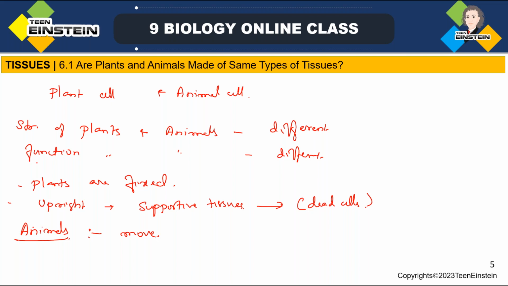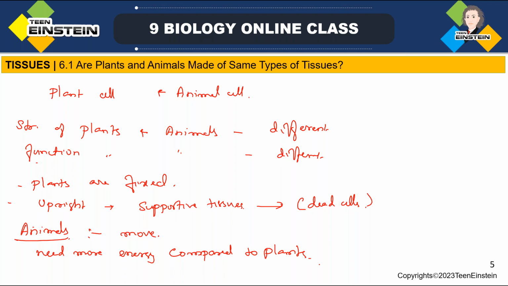So they have more work. This work is extra for them, so they need more energy compared to plants.